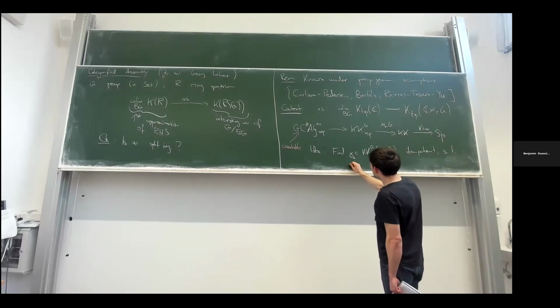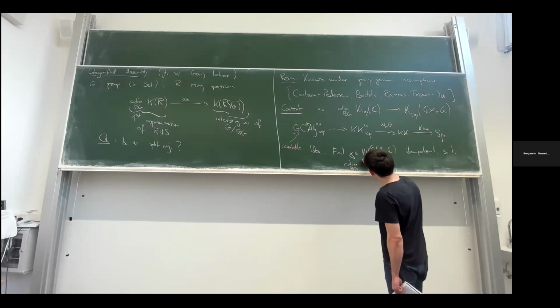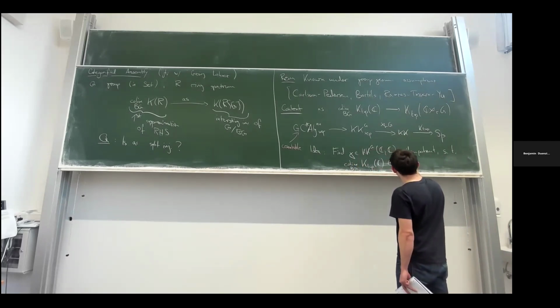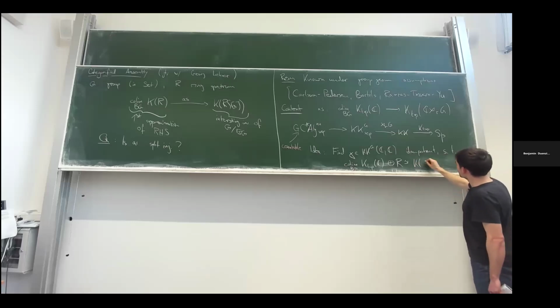So namely the splitting colimit over BG of K top of C plus some remainder term is equivalent to K theory of the reduced crossed product.